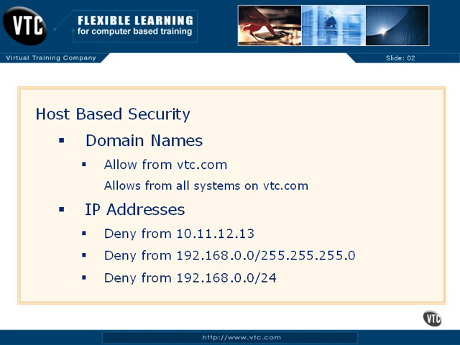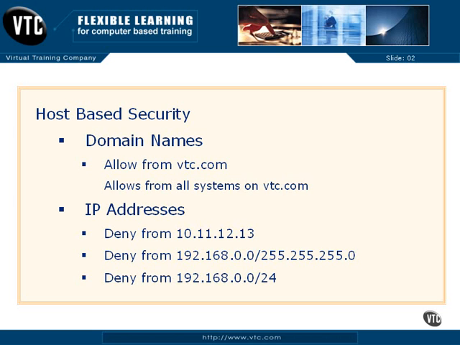A specific IP address, such as deny from 10.11.12.13, a network netmask pair in regular notation, such as 192.168.0.0 / 255.255.255.0, or the equivalent network address in slash notation.